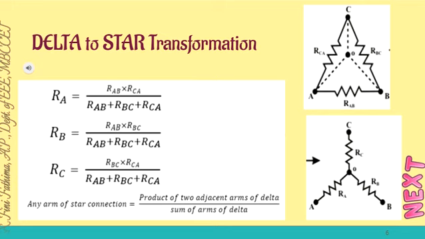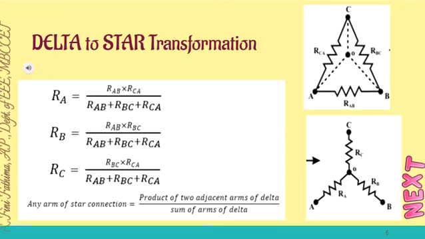Adjacent sides are RCA and RAB, that is, adjacent sides always touch this point A. So we can select all the resistances with the suffix letter A. So I am selecting RCA and RAB divided by RAB plus RBC plus RCA. Similarly, for RB: RB is equal to the product of RAB and RBC divided by RAB plus RBC plus RCA.